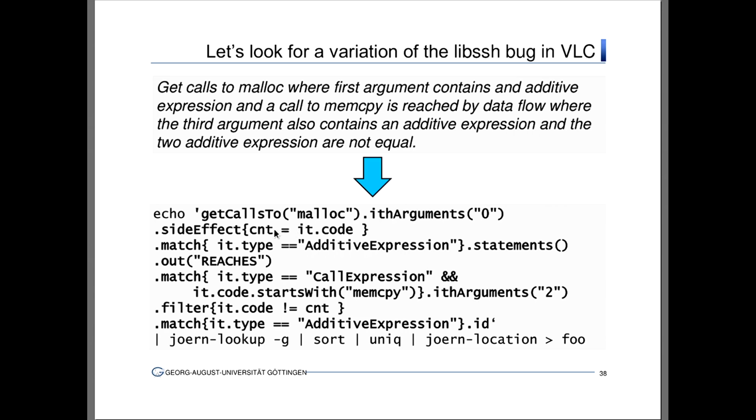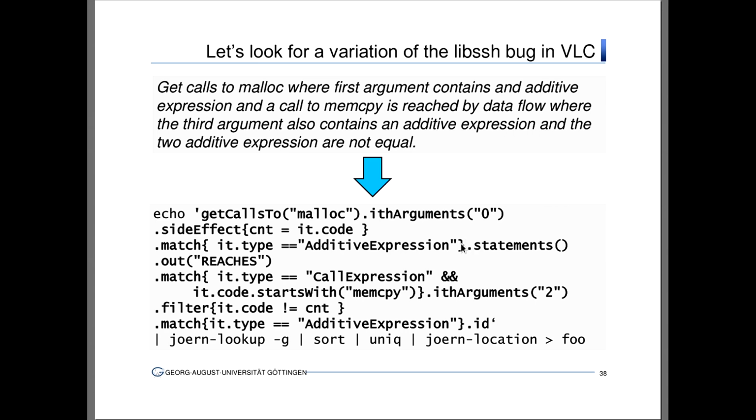And as a side effect, store the code that you see there, the first argument, in a variable called CNT. Now, from there, look for an additive expression. And as I said, if there's no additive expression, an empty set will be returned here. So those will be filtered.